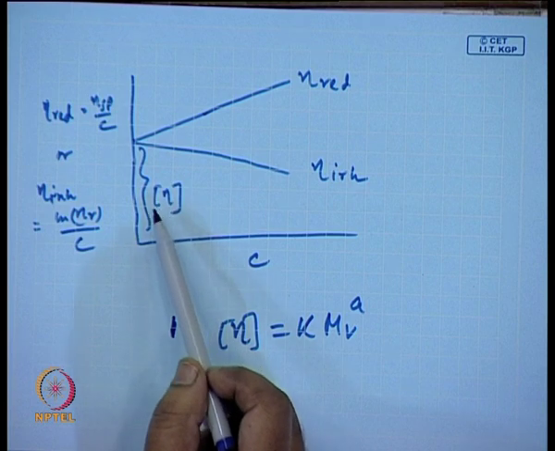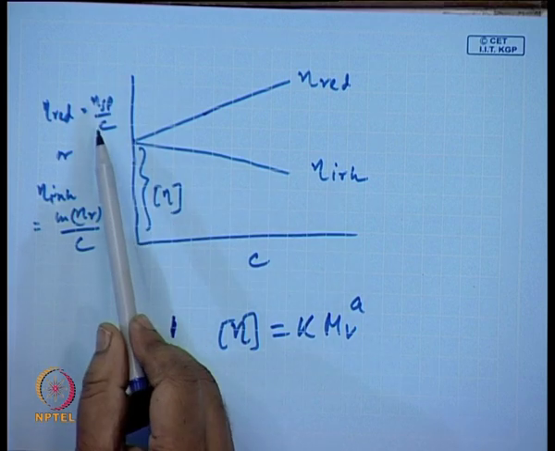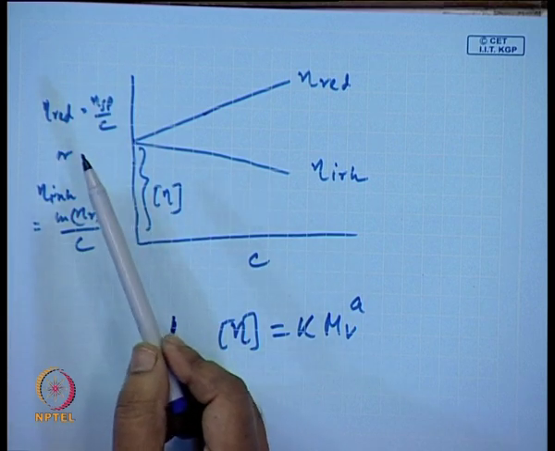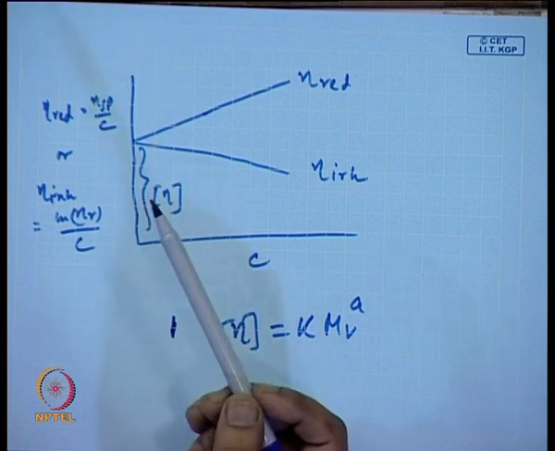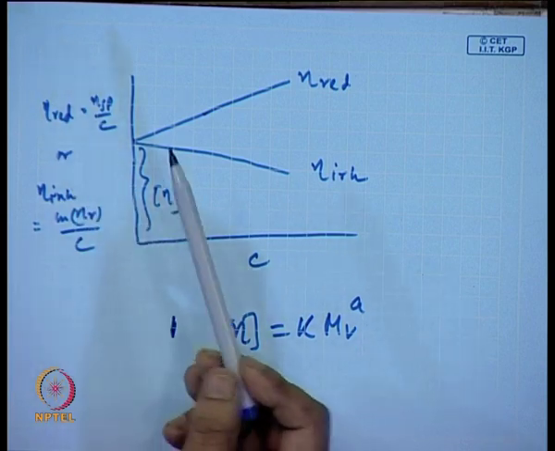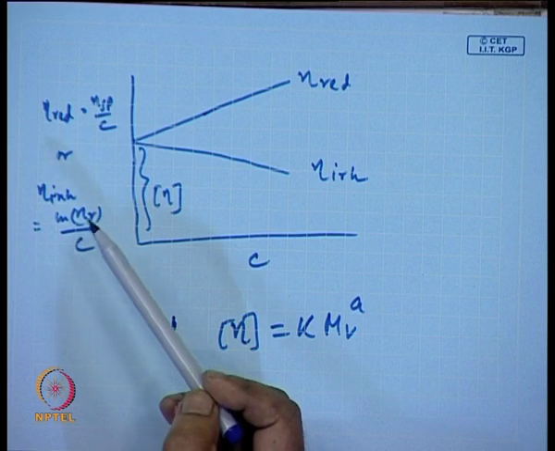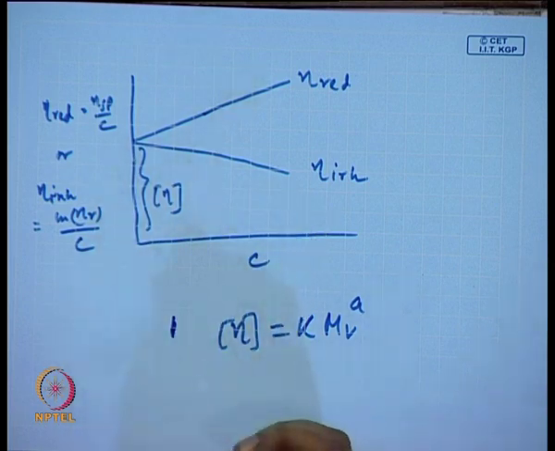So, this is in your hand. You can make solutions of different concentration and measure the viscosity of the solvent and the viscosity of the solution, and from these you get relative viscosity, then specific viscosity, and from there reduced viscosity and inherent viscosity. You can get a viscometer, and typically the viscosity is measured by passing the solvent and the solution through a capillary, where the time is proportional to the viscosity.